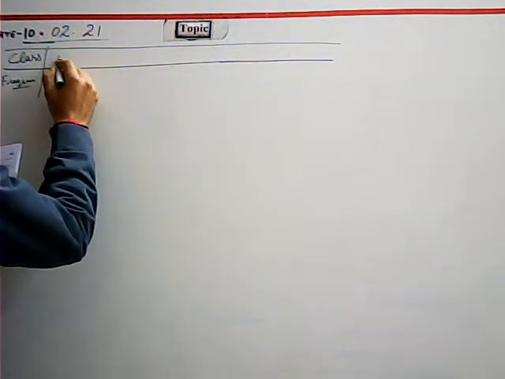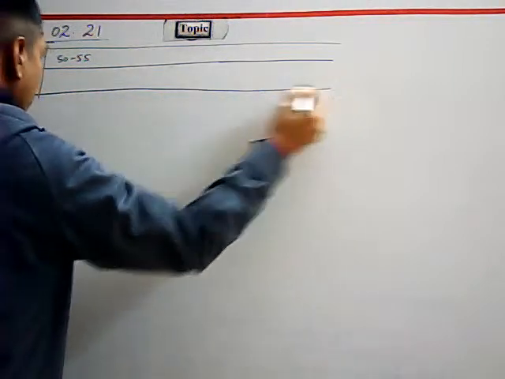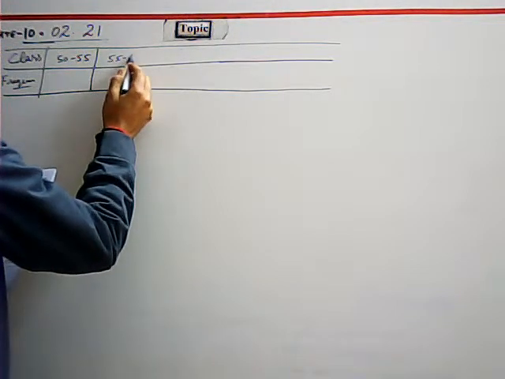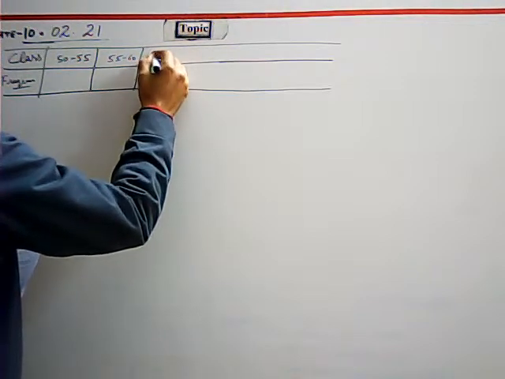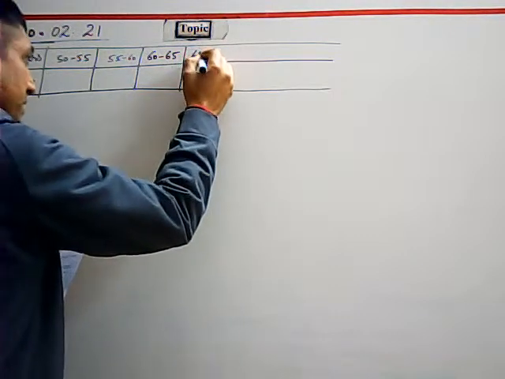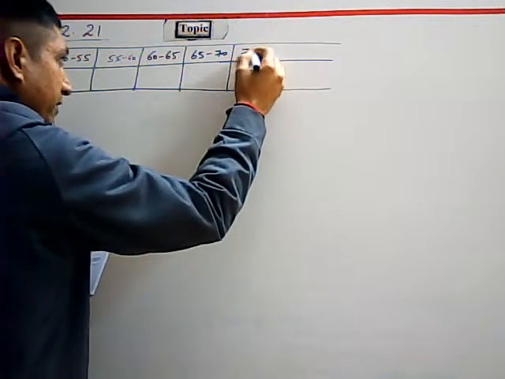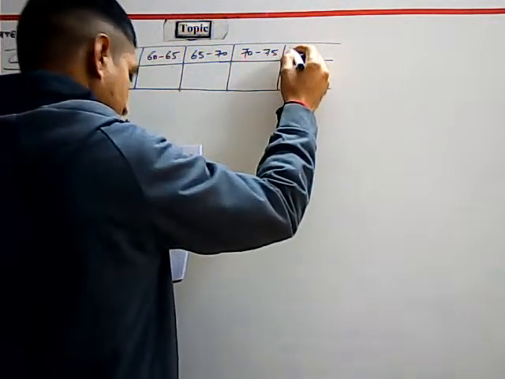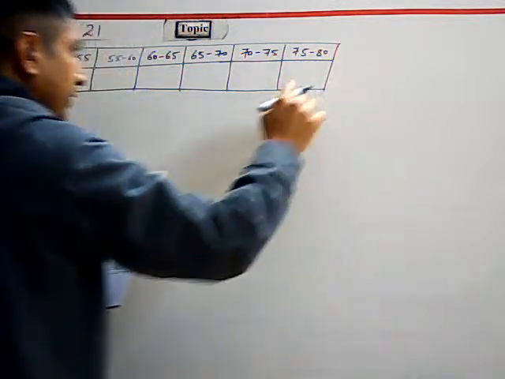So here we have 50 to 55, right? Then we have 55 to 60, 60 to 65, 65 to 70, 70 to 75, 75 to 80, right?